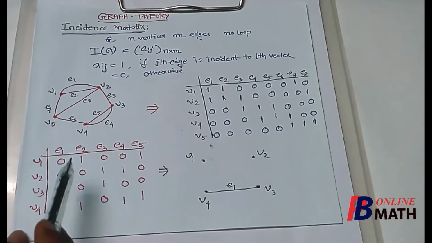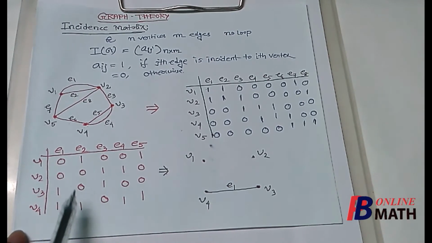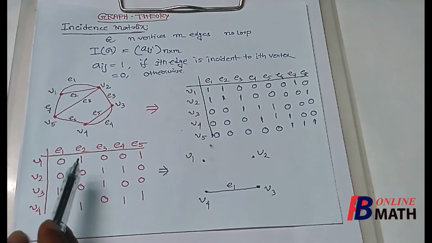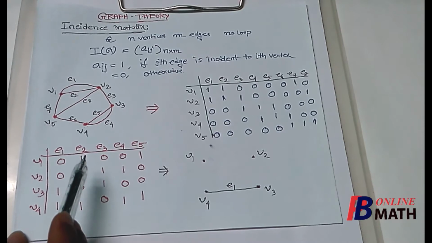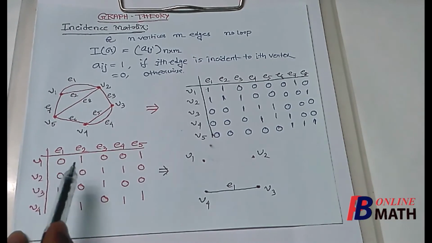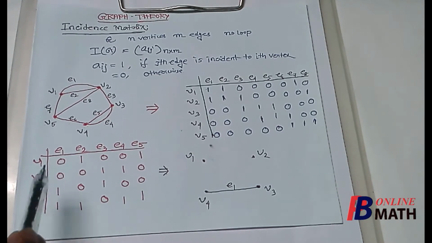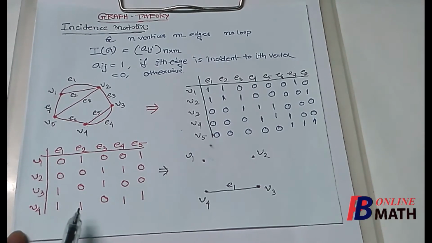The next edge is E2. Now in the column of E2 we find that there is 1 in the row of V1 and again it is 1 in the row of V4. So the edge E2 is adjacent to both V1 and V4. That means there exists an edge between V1 and V4 which is denoted by E2.